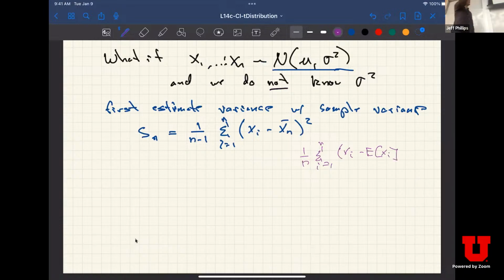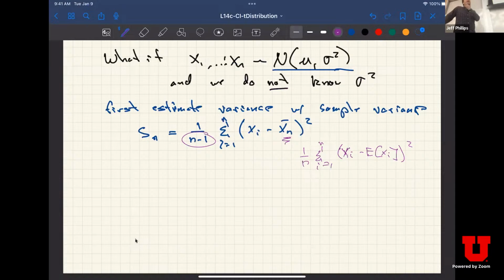This would be a closer definition of the variance, where we're sampling these random variables and looking at their expected squared deviations from the mean. But we didn't know the mean, so instead we used a sample estimate of the mean, and it turned out that meant we needed to normalize by 1 over n minus 1 instead of 1 over n.